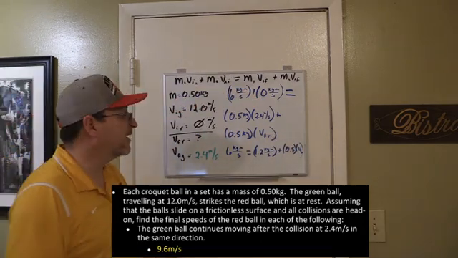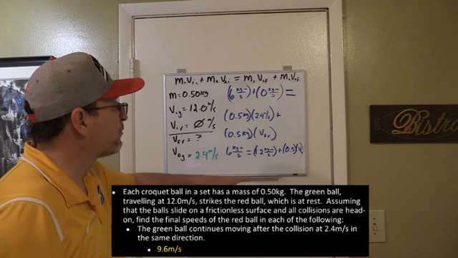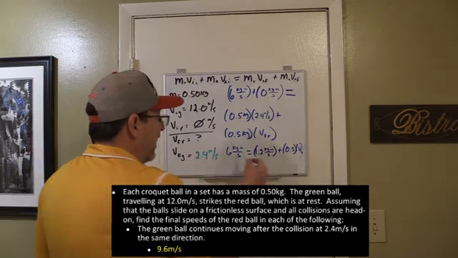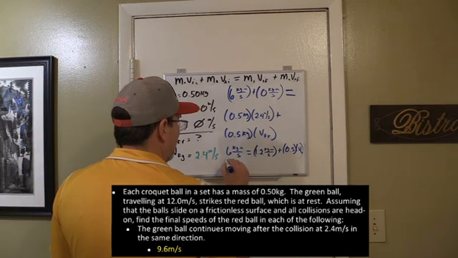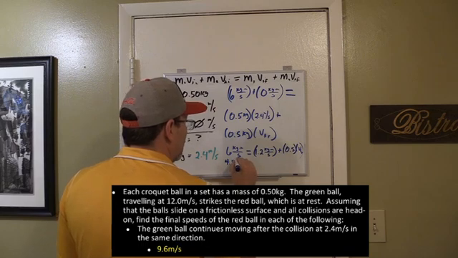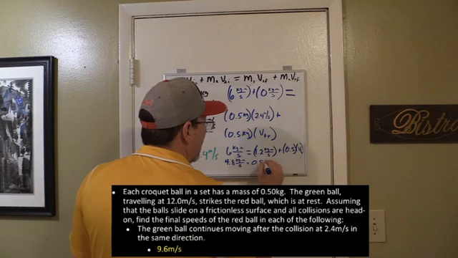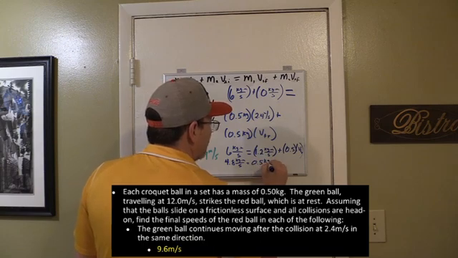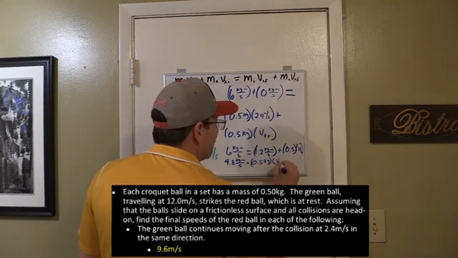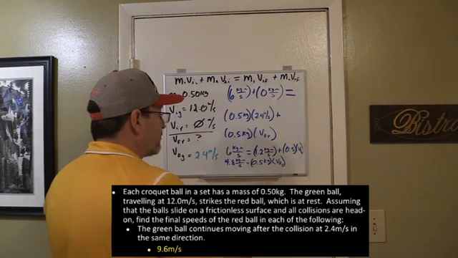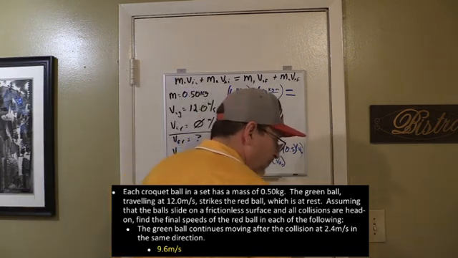Now I just got to do my math real quick. Subtract that off of both sides, so I'm going to have 4.8 kilogram meters per second is equal to 0.5 kilograms times velocity final of the red ball.